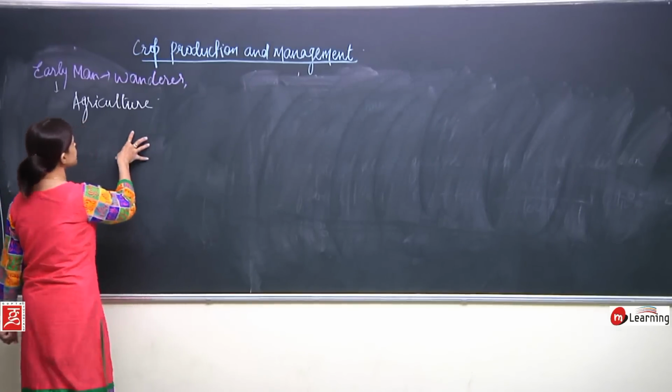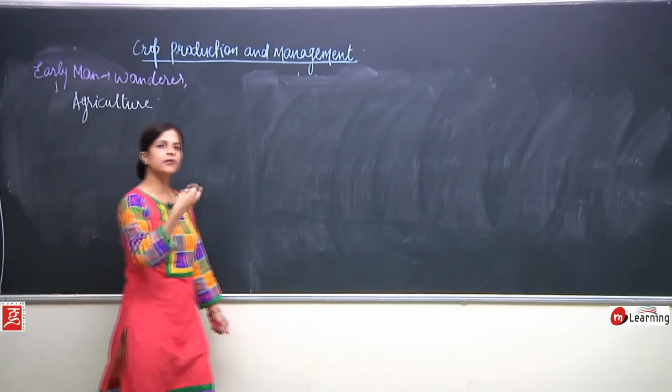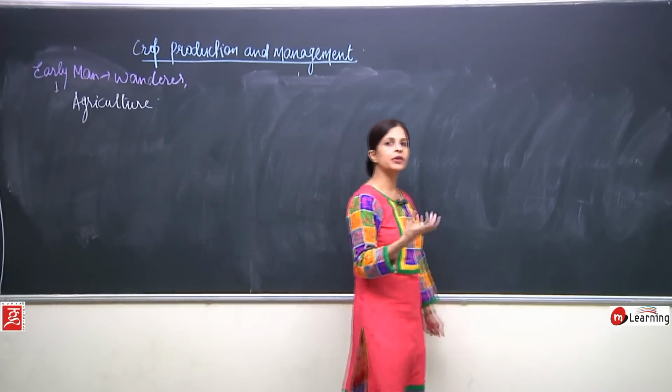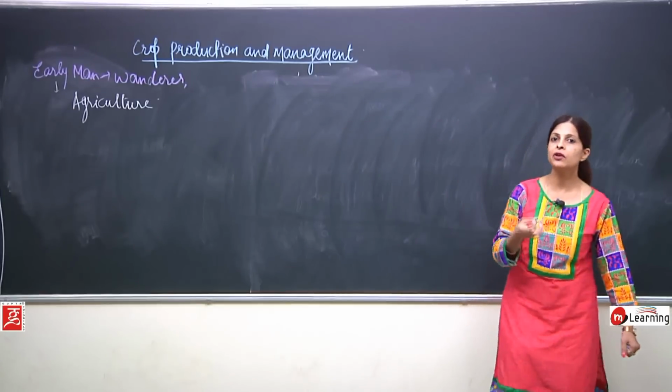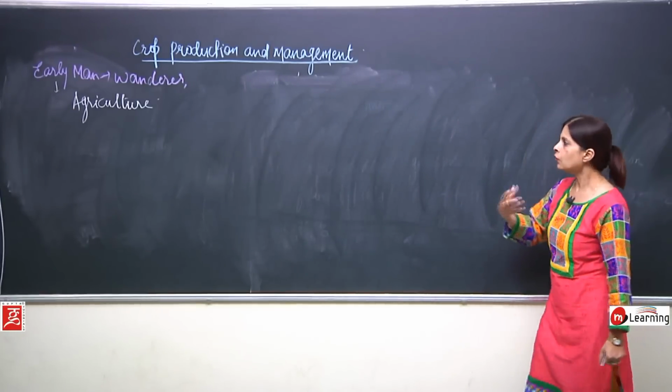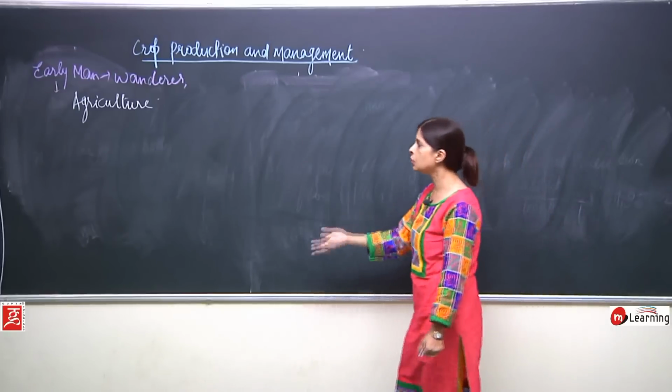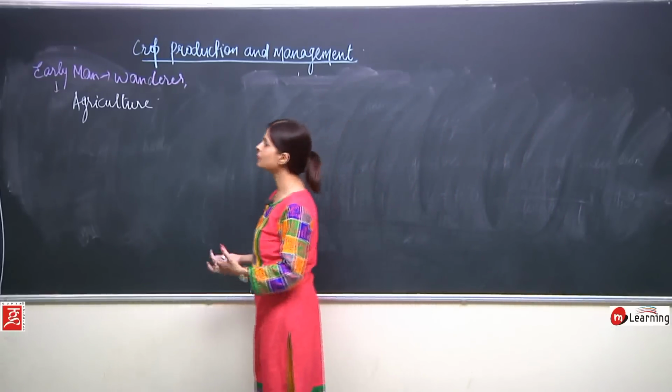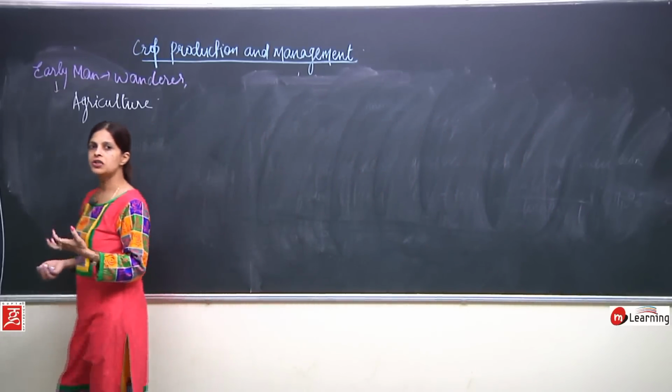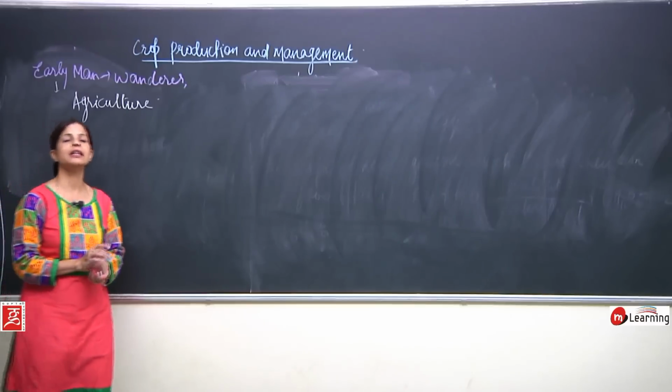Now, as I told you, every living thing depends upon the plants for their food. So what has to be done to get new, better crops and more food? Actually, our population ranks second in the world.